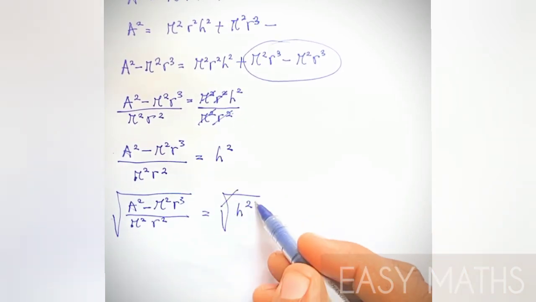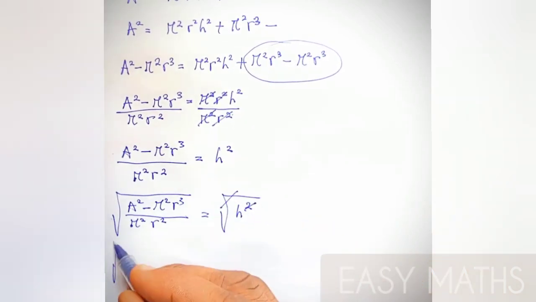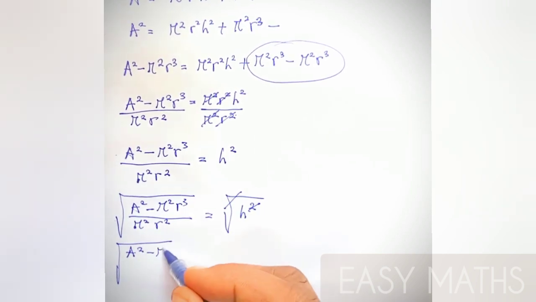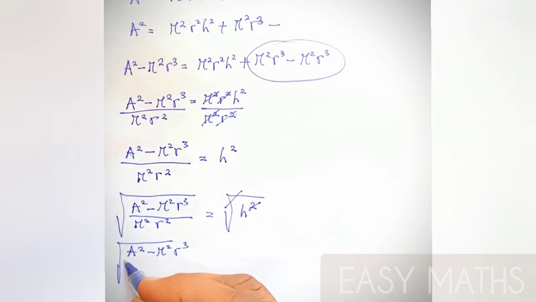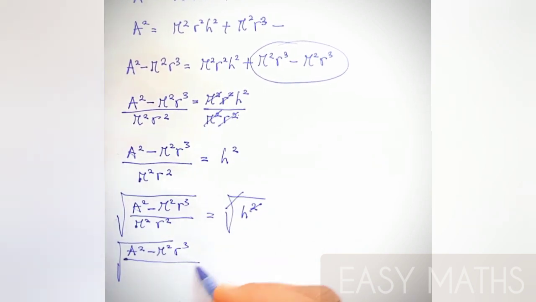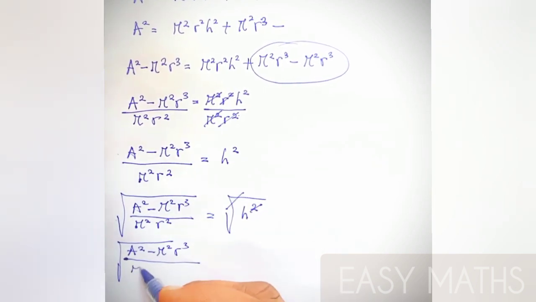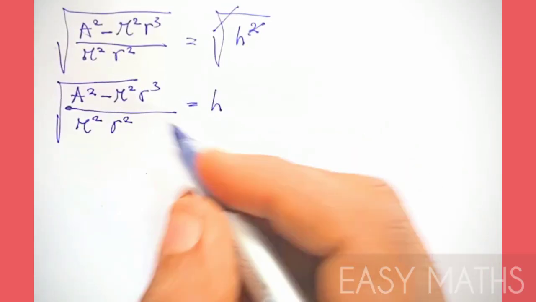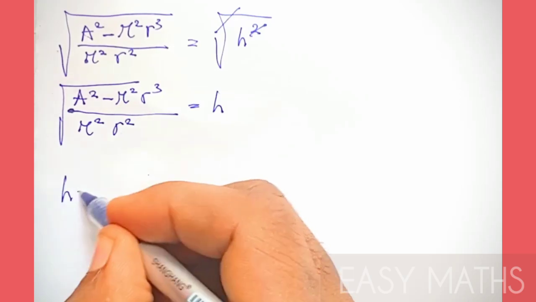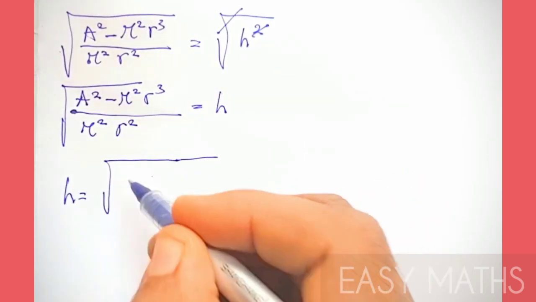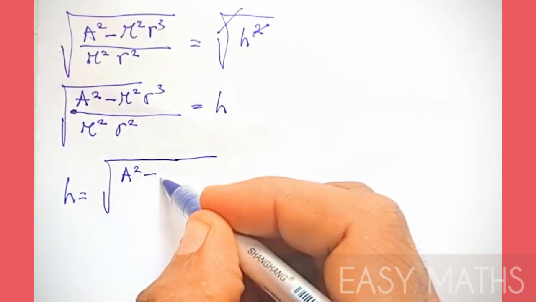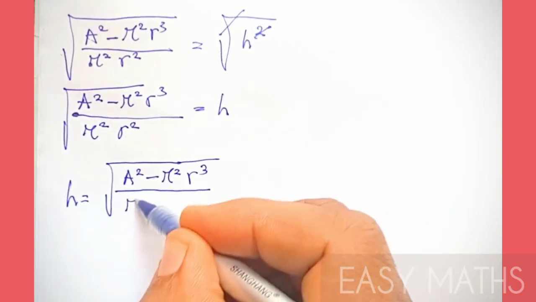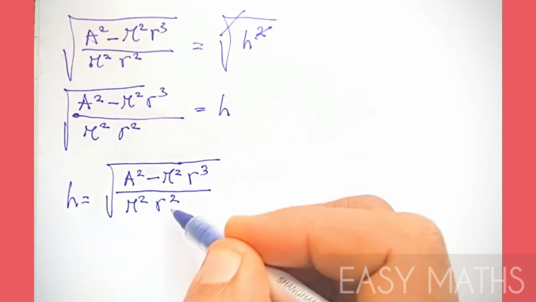So this square root will cancel this square, so we have the square root of a squared minus pi squared r cubed all over pi squared r squared equals h. Okay, so this can also be written as h equals the square root of a squared minus pi squared r cubed all over pi squared r squared.